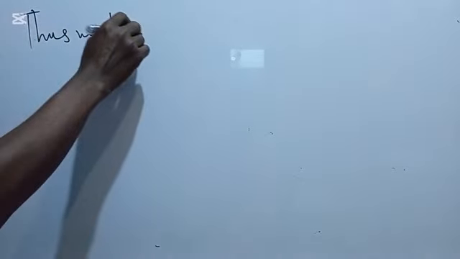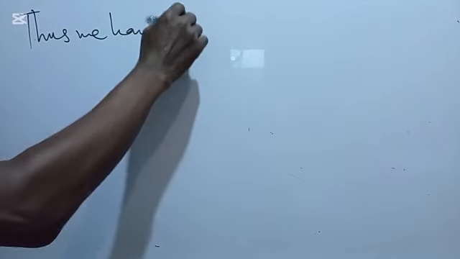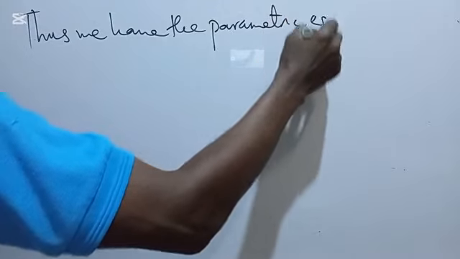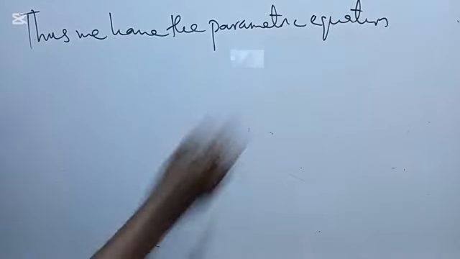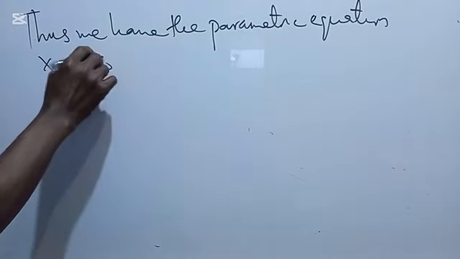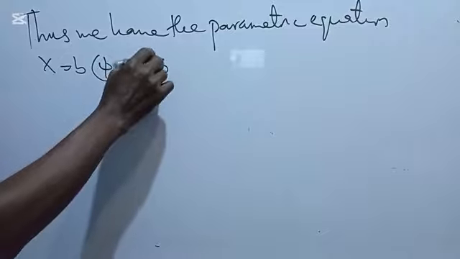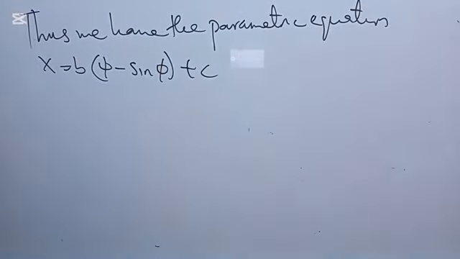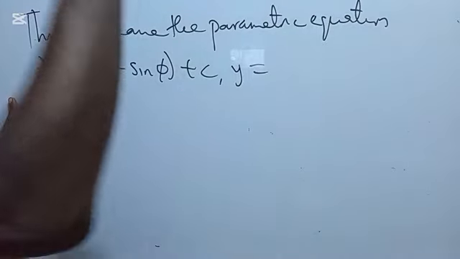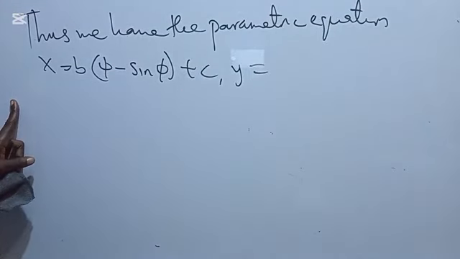Thus, we have the parametric equation. From what we get there, x is equal to b (phi minus sine phi) plus c. Now I'm going to assume my y is a sine squared theta.